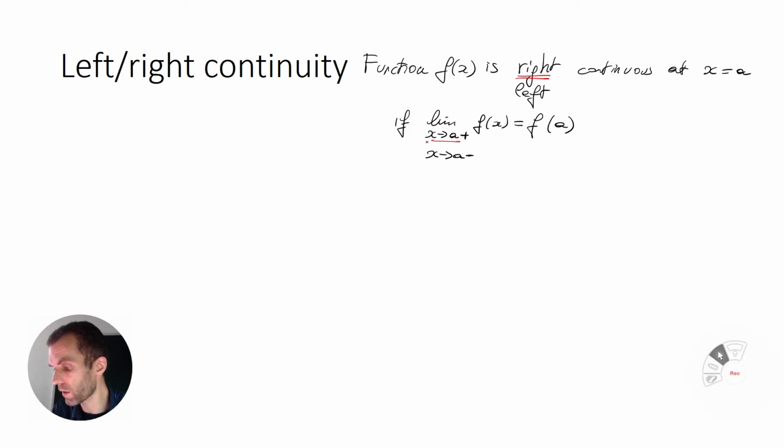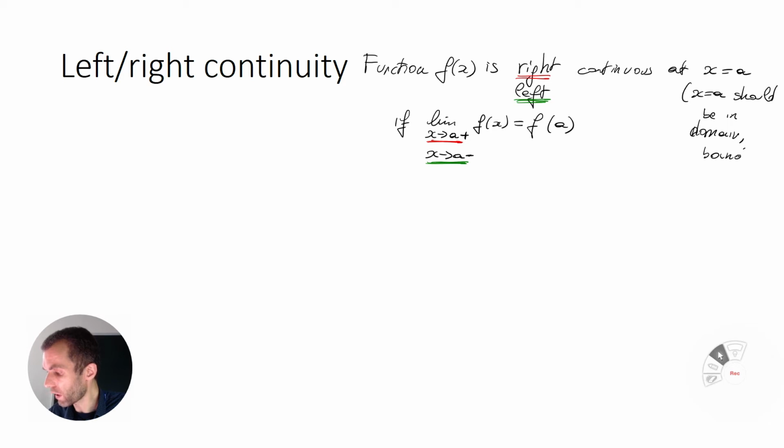So right is a plus and left is a minus. And here a has to be part of the domain. But the boundary is okay.